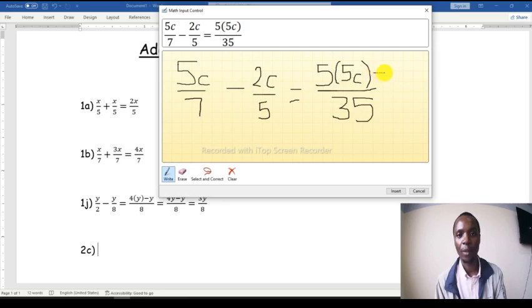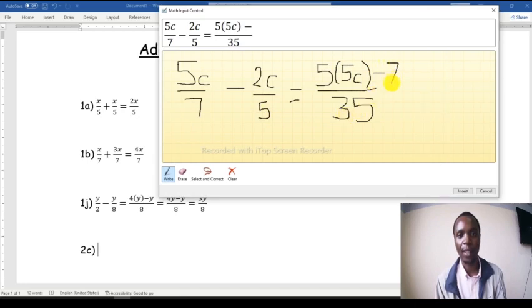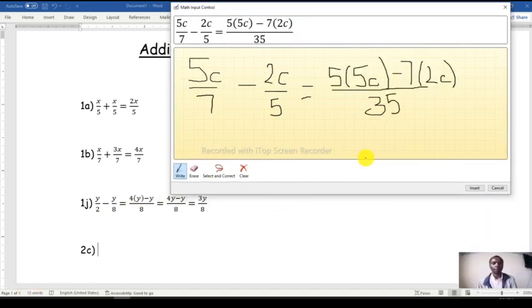Then we put this minus. 5 into 35, that's 7, so we put our 7 there, and then 7 is going to multiply 2c. So it's 5 bracket 5c minus 7 bracket 2c.